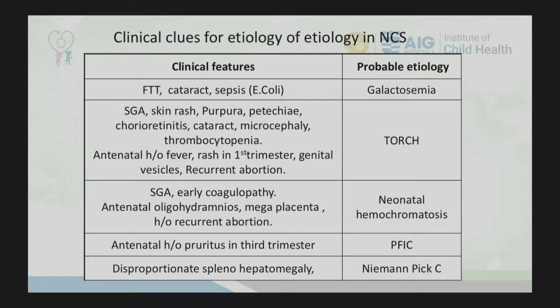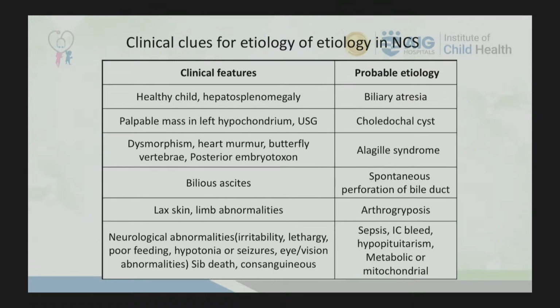Any child presenting small for gestation, with early coagulopathy, sick, with a history of antenatal oligohydramnios, megaplacenta, recurrent abortion gives clues about neonatal hemochromatosis. Antenatal history of pruritus in the third trimester is suggestive of PFIC. Disproportionate splenohepatomegaly makes us think about Niemann-Pick disease.